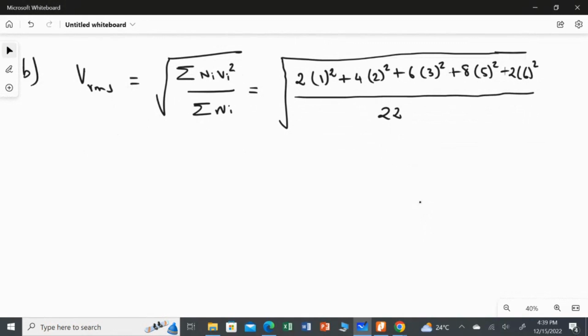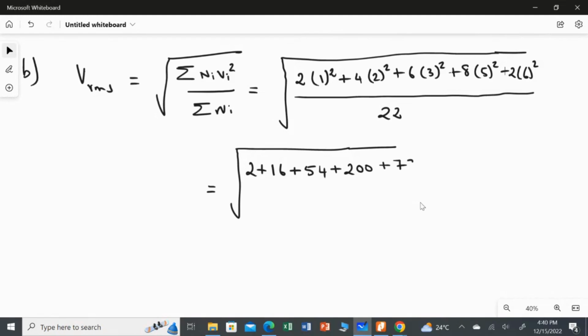Let's calculate the top and the bottom in this equation. Square root of, so 2 multiplied by 1 is 2, plus 4 multiplied by 2 square. 2 square is 4, so 4 multiplied by 4 is 16, plus 3 square is 9, so 9 multiplied by 6 is 54, plus 5 square is 25, 25 multiplied by 8 is 200, plus 6 square is 36, 36 multiplied by 2 gives 72, over 22.